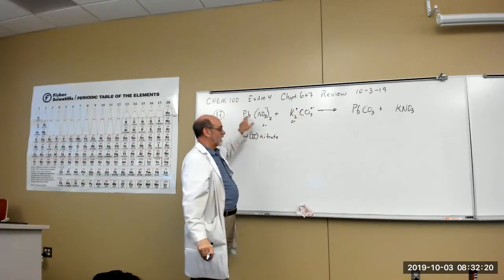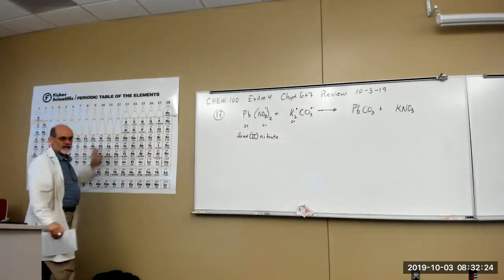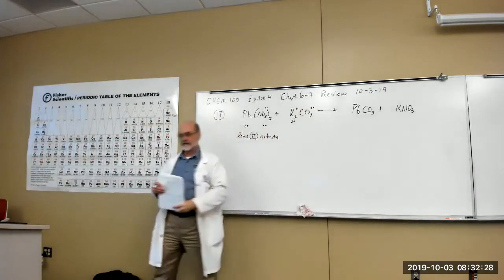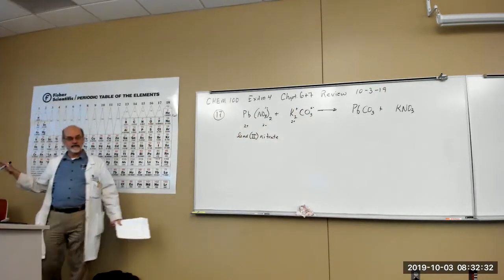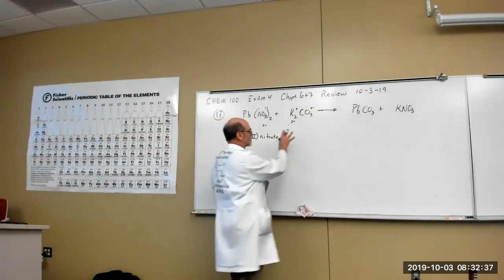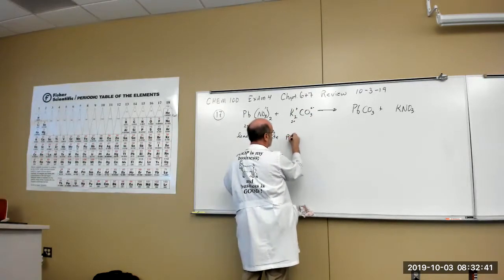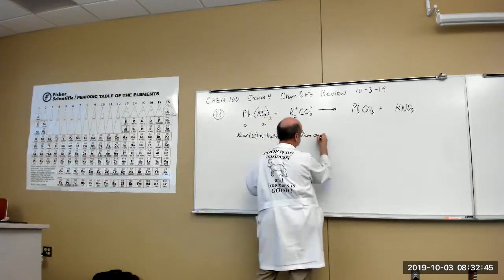But lead comes from this part of the chart, right? So we have to say what the charge is. Where does potassium come from? It comes from over here. It's always +1. So that makes it a type 1 compound. So all we have to say to name this one, excuse me, is potassium carbonate.